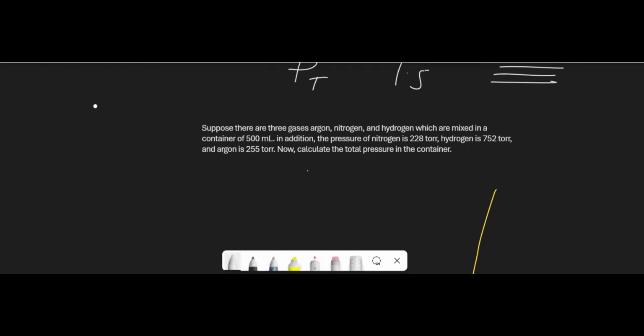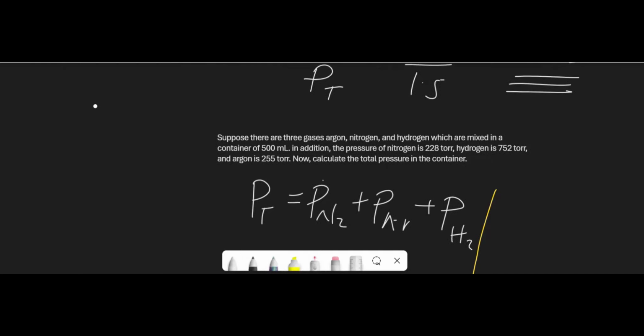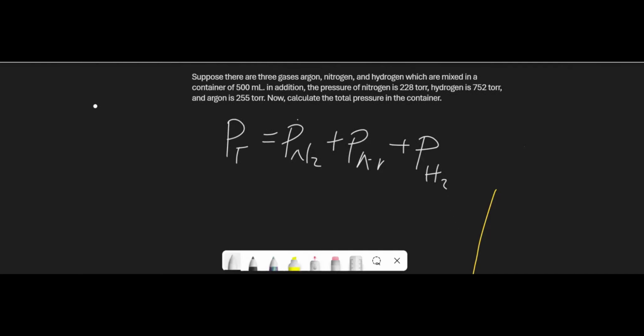To get the P total, we say P total is equal to the partial pressure of nitrogen plus the partial pressure of argon plus the partial pressure of hydrogen. So to get your final answer, you just sum them together: 255 plus 228 plus 252. Whatever you get is your final answer.